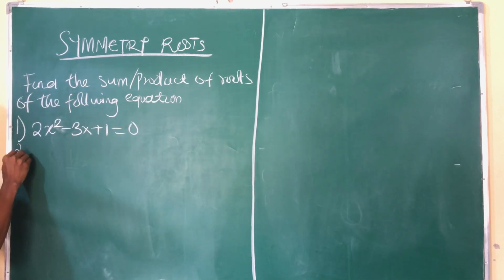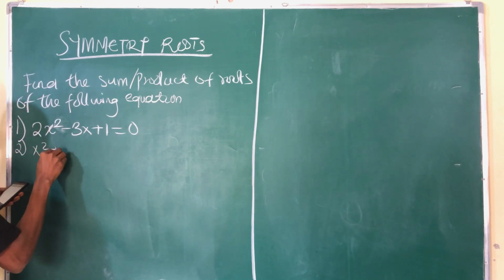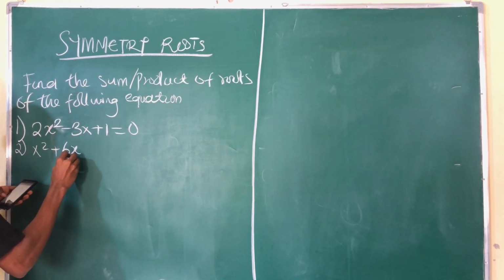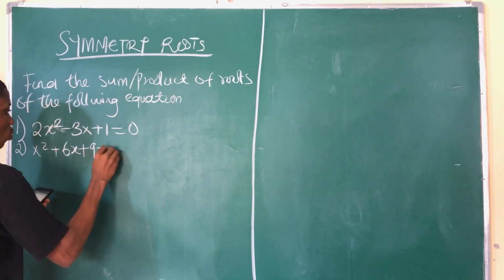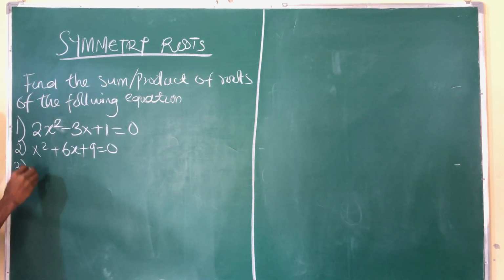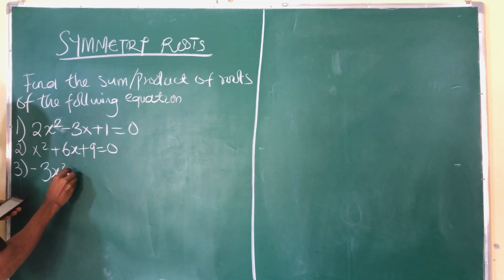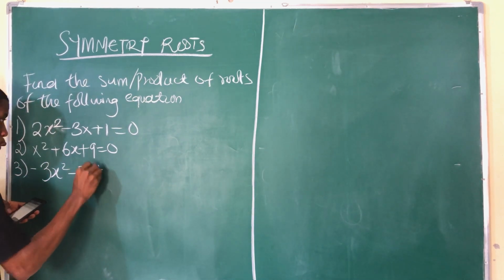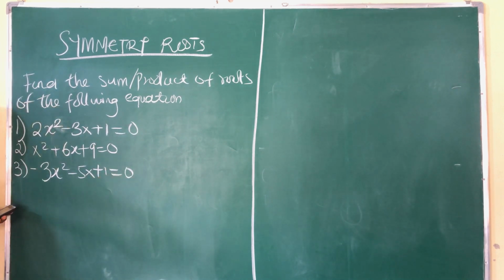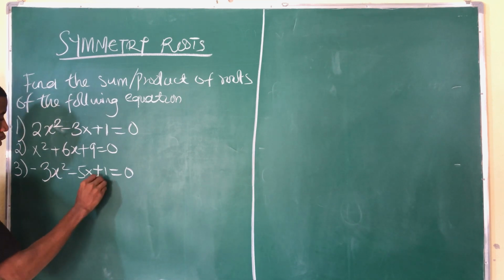Second one, x squared plus 6x plus 9 is equal to 0. And the third one, negative 3x squared negative 5x plus 1 is equal to 0. So we're given three problems concerning how we can calculate the sum and the product of the roots of these equations. Let's jump into them.